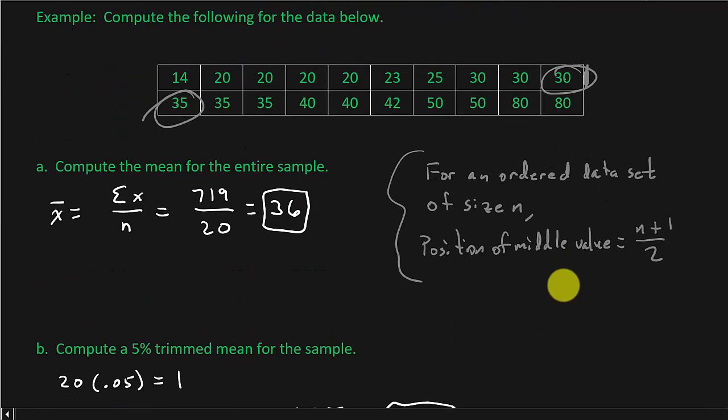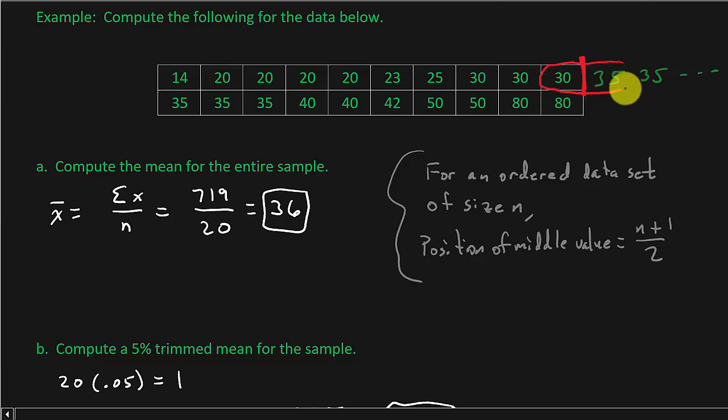And we know when we have an even number of values, how do we find the median? Well, these two are in the middle. If we took this row and continued it up here instead of having them stacked, the 10.5 is right here between these two.